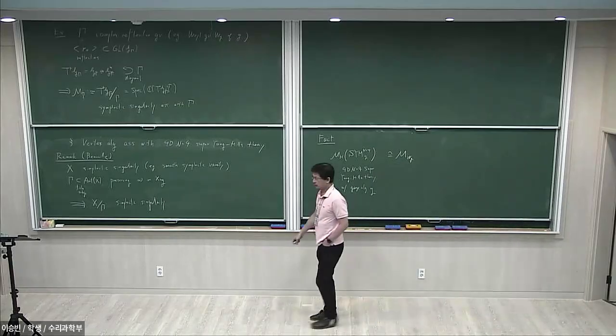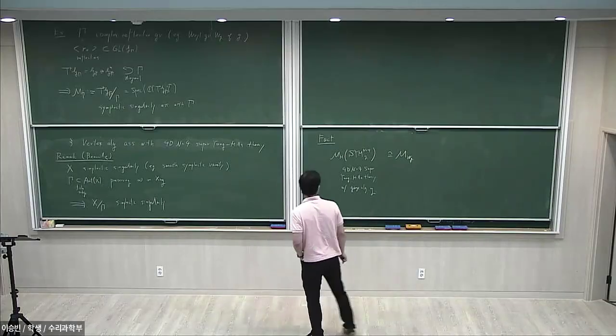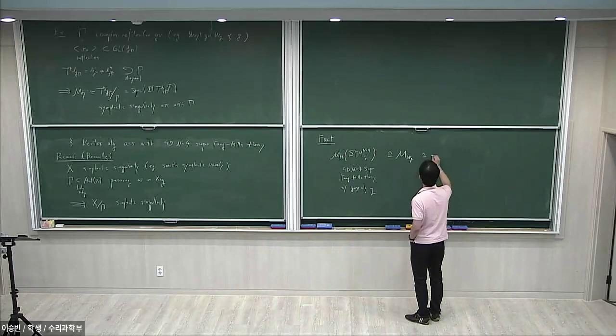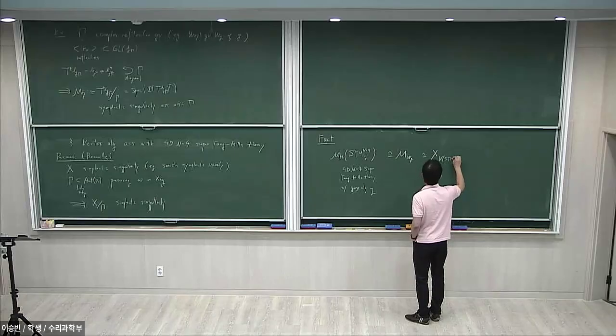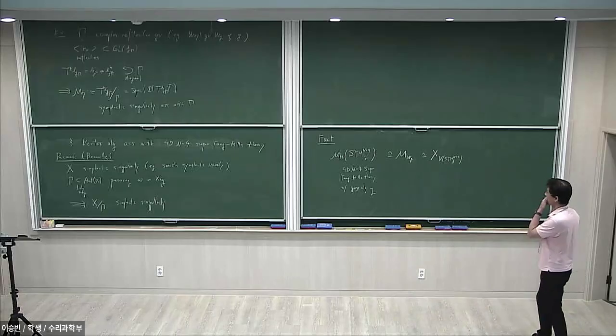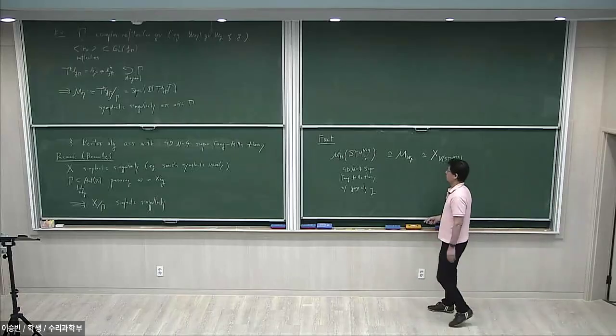So this should be isomorphic to the associated variety coming from this super Yang-Mills theory.